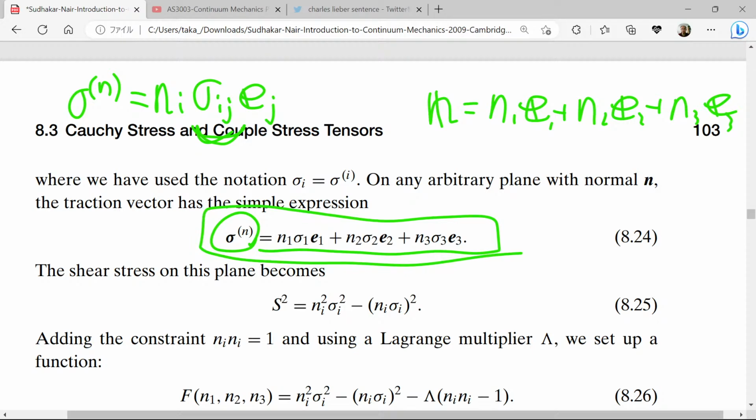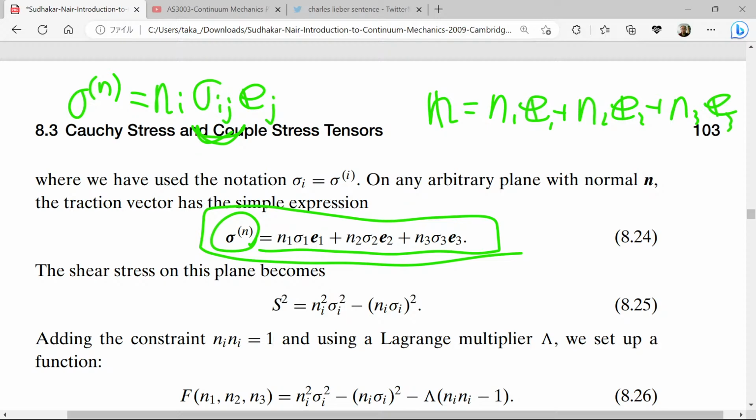The shear stress on this plane becomes... hard to understand. Let me see.